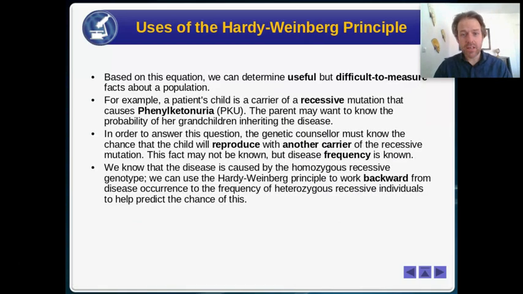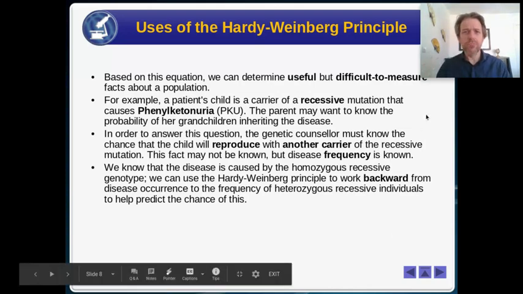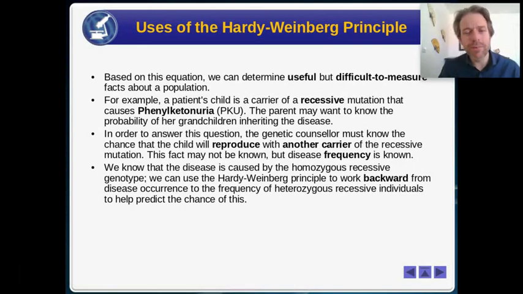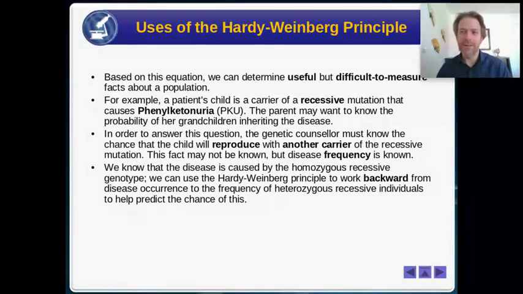Uses of this, okay, here. So this is talking about a bit more of a real life situation. We've got PKU, which you probably don't remember. We do discuss it very briefly in a lesson in year 12. It's a single gene enzyme disorder, whereby you're unable to make phenylalanine, one of the amino acids.